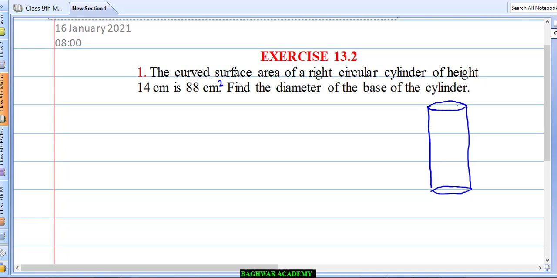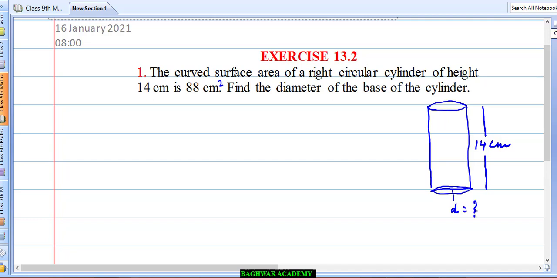The curved surface area of a right circular cylinder of height 14 centimeter means this height has been given, 14 centimeter, and the curved surface area has been given, 88 centimeters square. Find the diameter of the base of the cylinder. This D you need to find out.